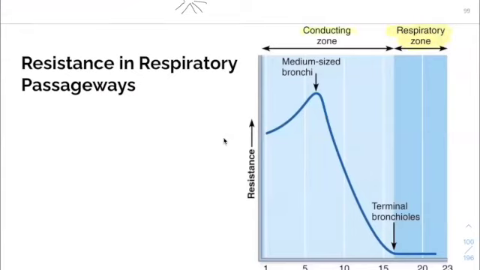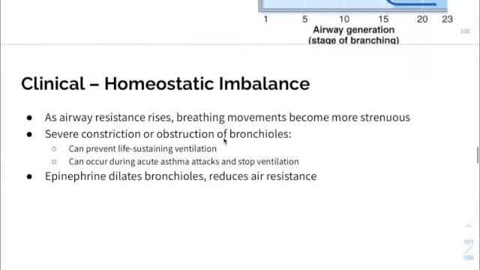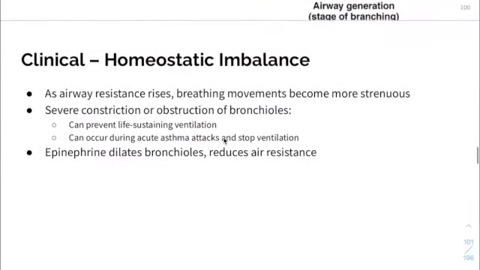The conducting zone is where all the branching takes place in that respiratory tree. As we get more resistance in our airways, it makes it harder to breathe. Breathing becomes more strenuous. We're breathing harder. We're trying to breathe more.